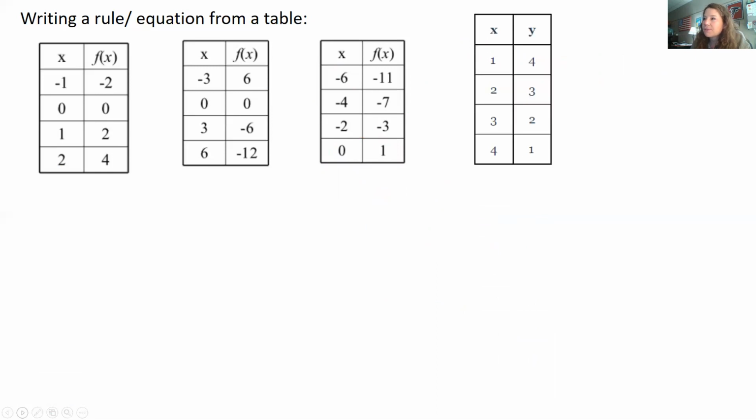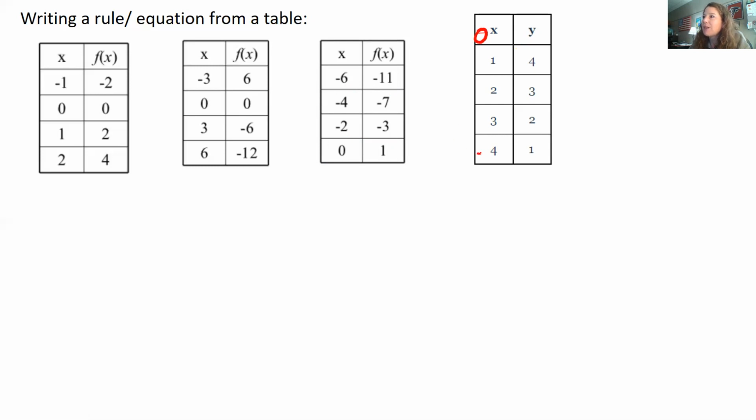All right. So hopefully you're being ambitious and you're stopping my video and trying these on your own. Now this one is like, oh, wait a minute, I don't know what the y-intercept is because it doesn't give me x equals 0. I agree with you. However, we could figure out quickly what the y-intercept is by figuring out what the value of y is when x is 0.